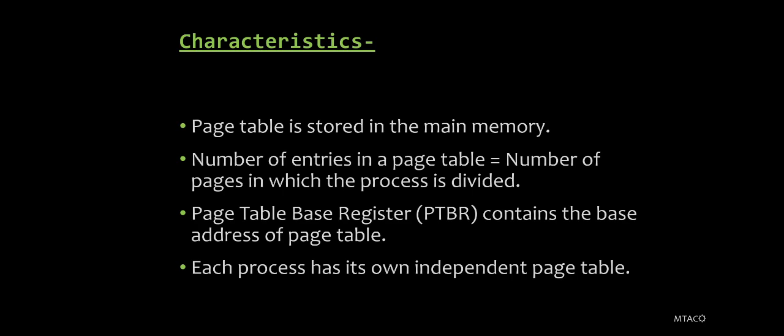The number of entries in your page table is equal to the number of pages in which the process is divided. So if you have a page table with 4 pages, like the example, P0 to P3, then the number of entries is the number of pages in which the process is divided.